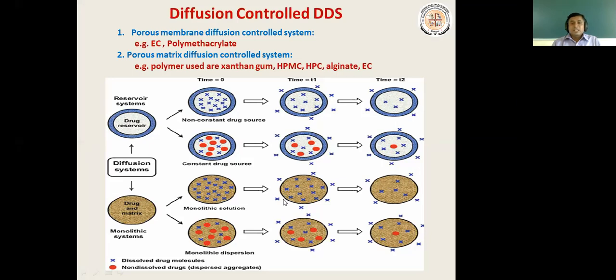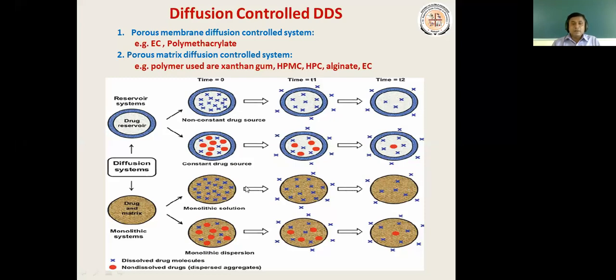After the time period t2, or after a longer period of time, the drug delivery system is depleted. So all the amount of drug diffuses through the small pores in a slow manner to the surroundings. Okay. So this is the type of system called a non-swellable type of system.